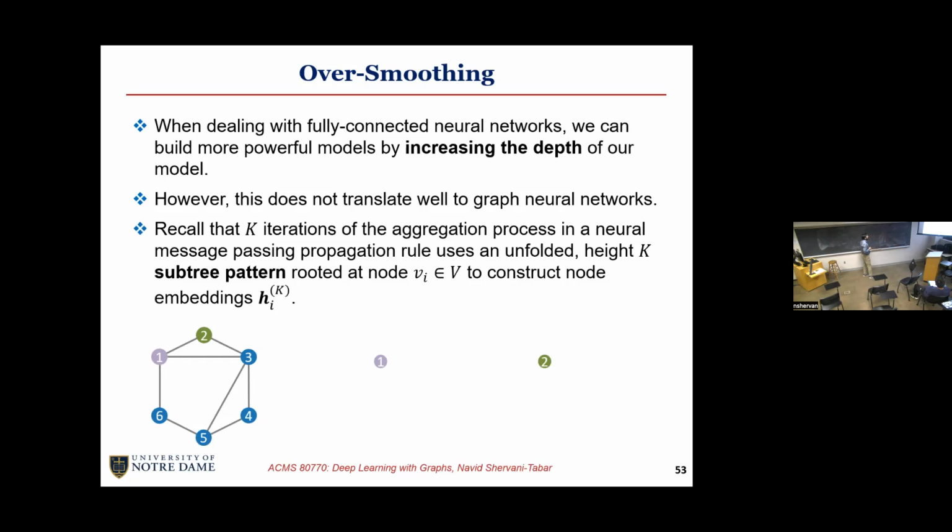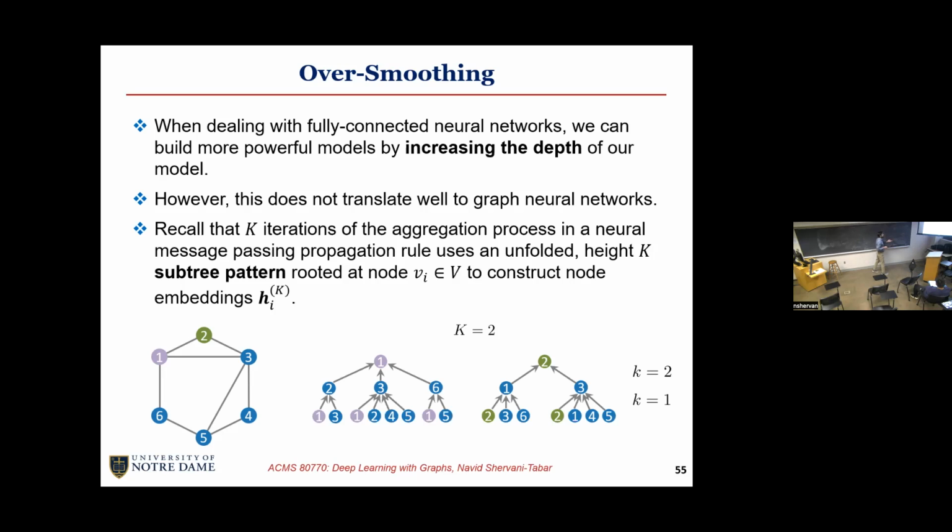We wanted to generate a graph neural network, and in order to do that, we were constructing subgraph patterns with the height corresponding to the number of layers that we wanted to have. So node 1 has information coming from 2, 3, 6. Node 2 has information coming from 1 and 3. And that's for one layer of the graph neural network.